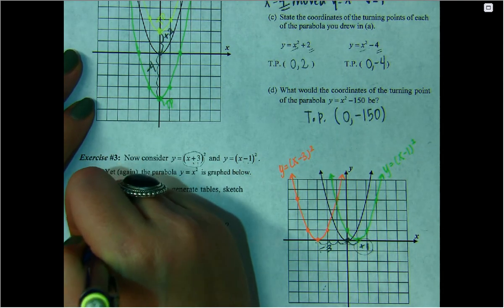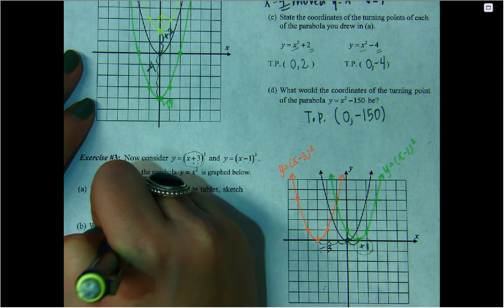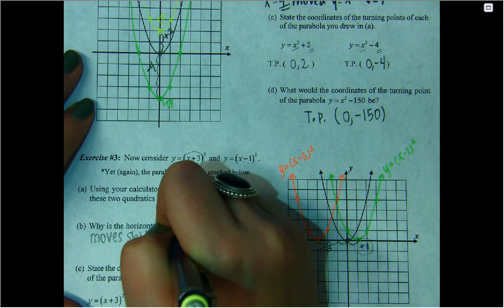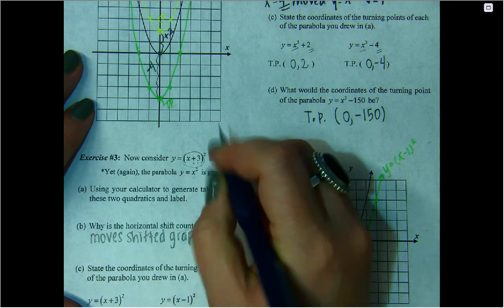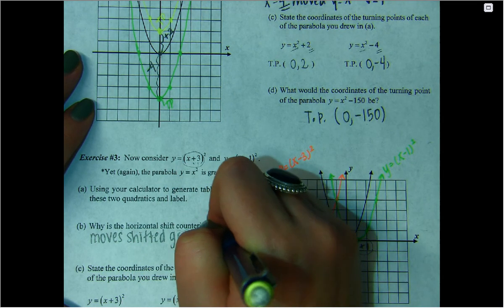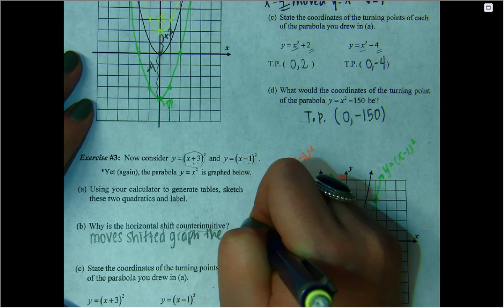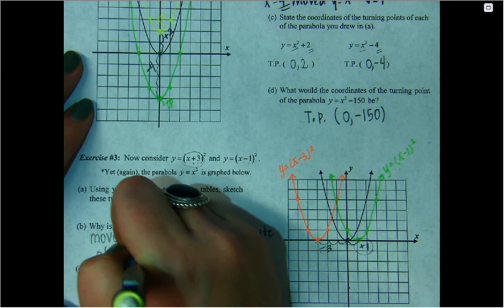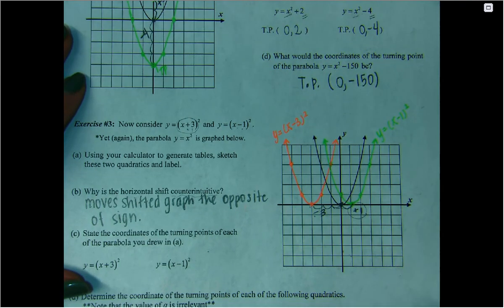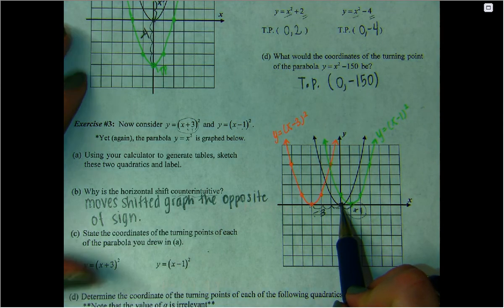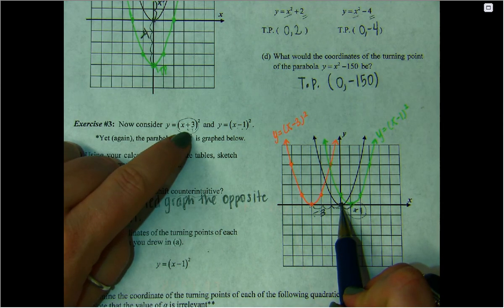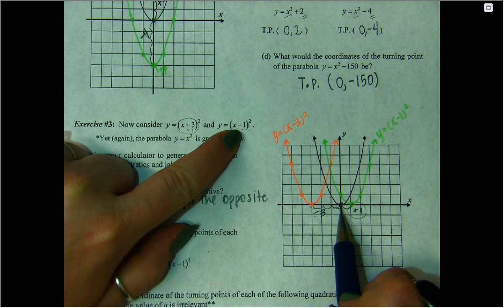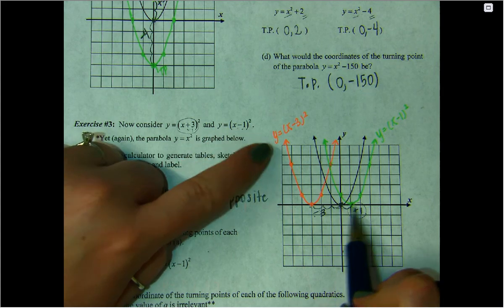So it moves the shifted graph the opposite of the sign. Okay, so what does that mean? Here I am at (0, 0). If I say x plus 3, it actually shifts the graph left 3. If this says x minus 1, it actually shifts the graph +1.